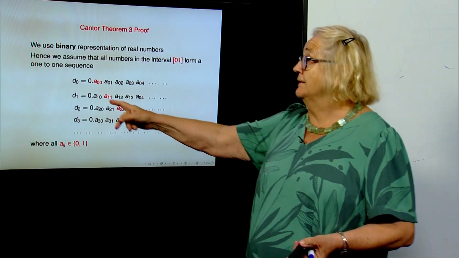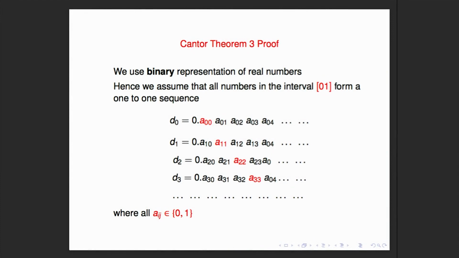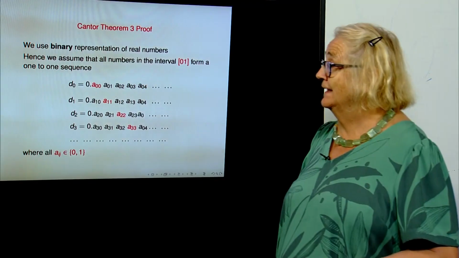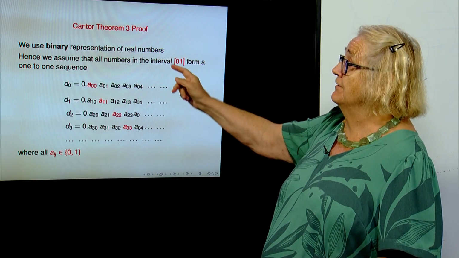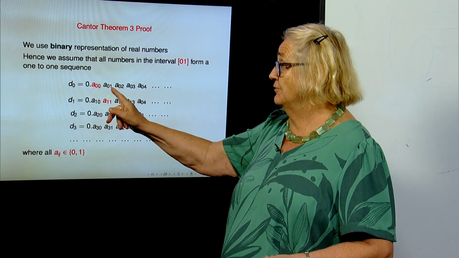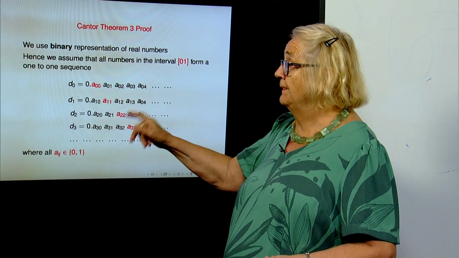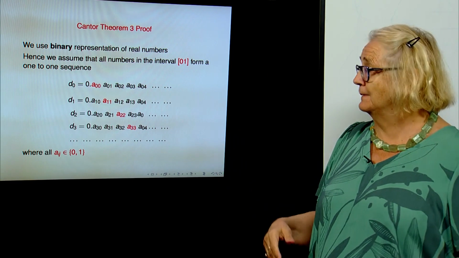So we write, these are all our elements in the interval [0, 1], because we assume that they form a sequence. And these are the binary representations. We write it for d0 as 0, 0, 1, 2, 3, 4, infinite or finite, it depends on the numbers.